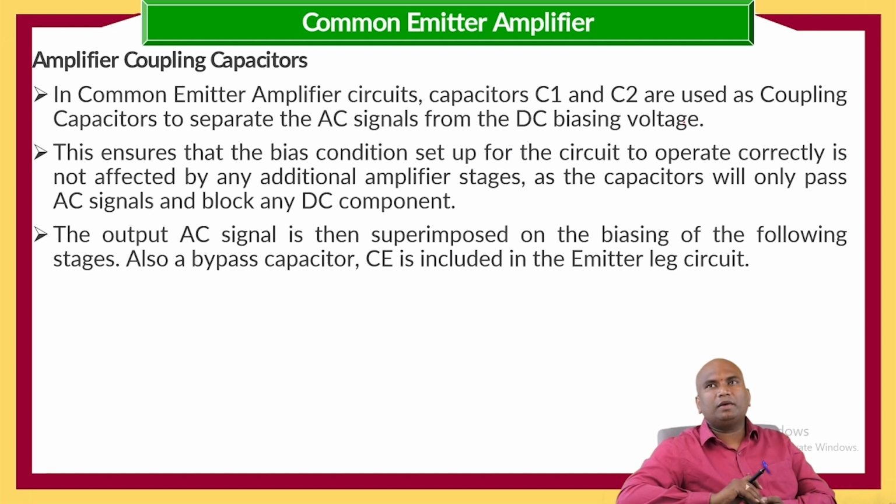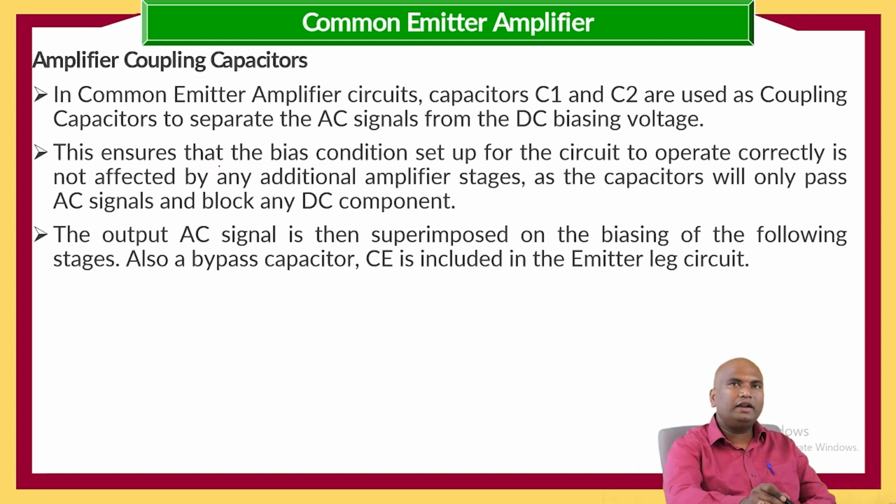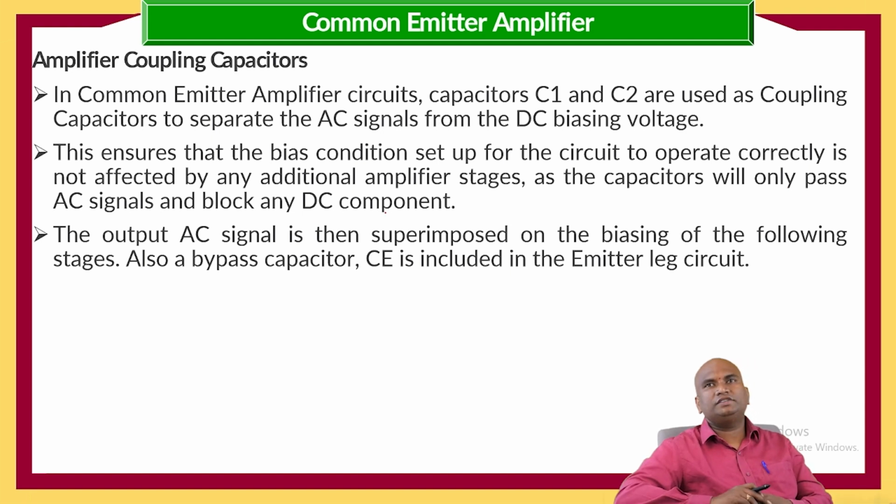This ensures that the bias condition set up for the circuit to operate correctly is not affected by any additional amplifier stages, as the capacitors only pass AC signals and block any DC component.